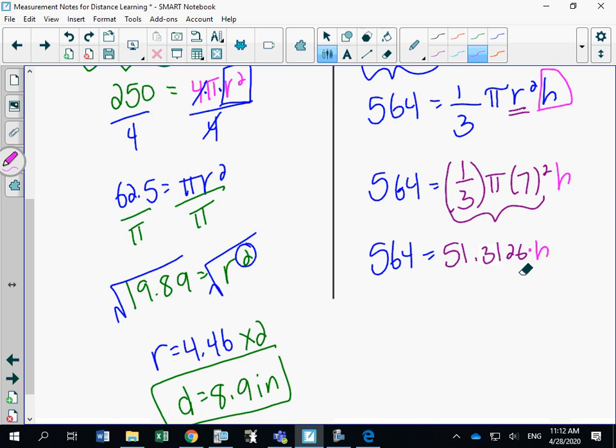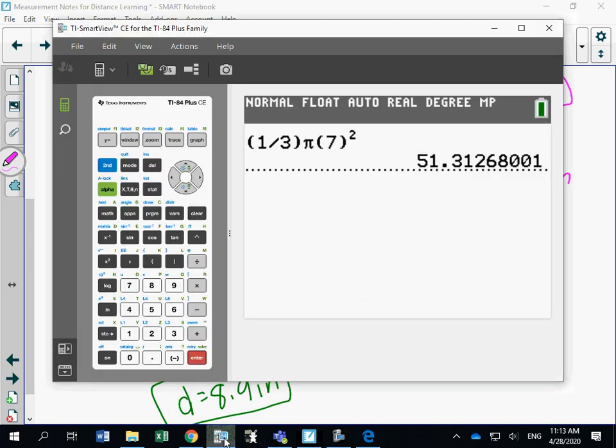And in order to get height by itself, the opposite of multiplying is dividing. So get rid of that 51.3126 by dividing both sides by 51.3126. And you are left with the height is 564 divided by that previous answer.